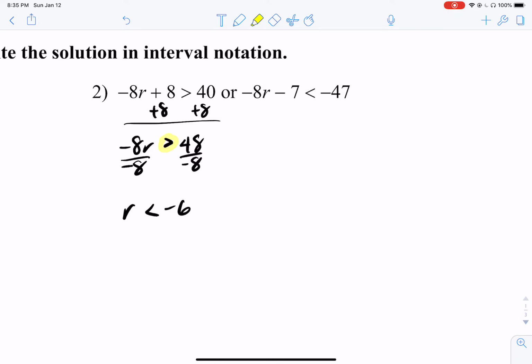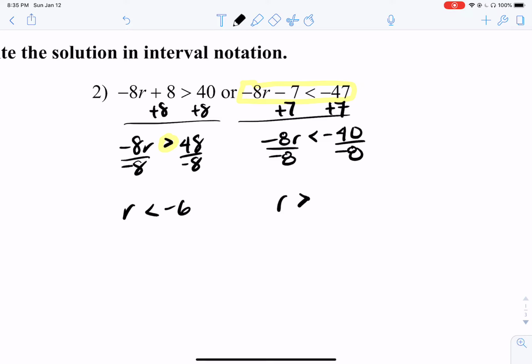So now for this inequality here, we're going to add 7 to both sides, and negative 8r is less than negative 40. We divide by negative 8, and r would be greater than positive 5.